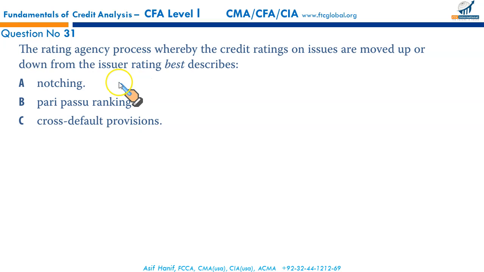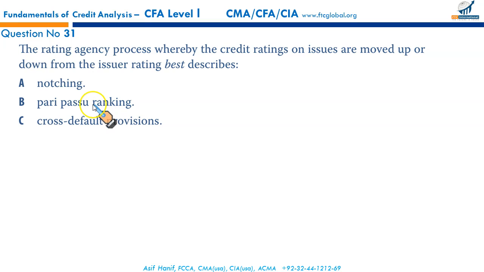So that is notching. And then what is pari passu? Pari passu charge means that when the issuer company that has issued bonds goes into dissolution or when there is a liquidation issue, the assets over which the charge has been created will be distributed in proportion to the creditors' respective holding in that particular asset.